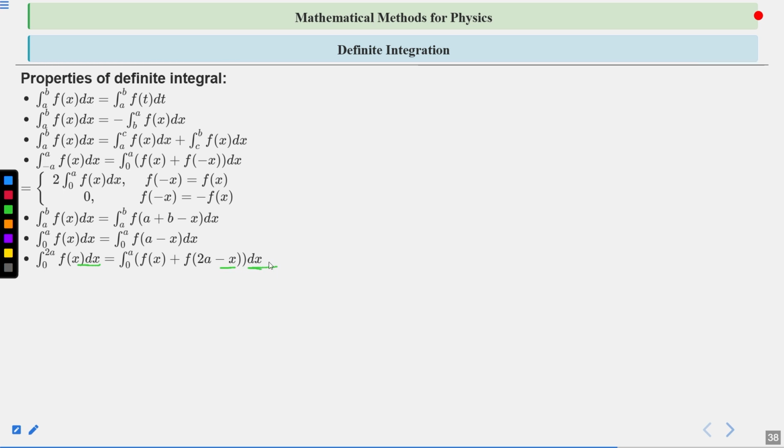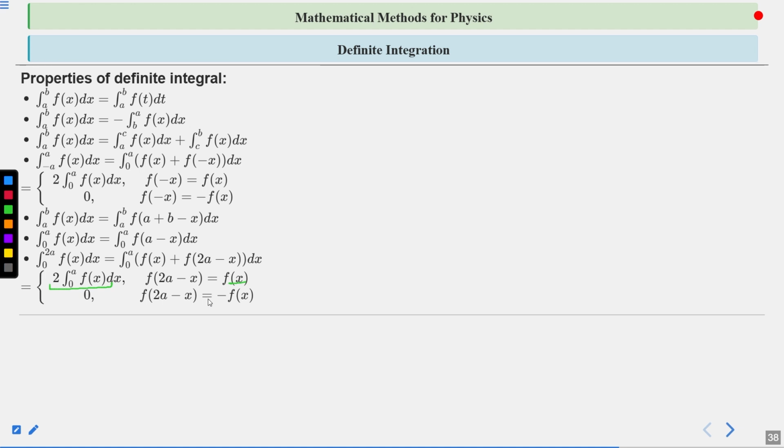So all these are very important formulas. I repeat again. There is a condition: if f of 2a minus x is equal to f of x, the relation is this one, and if f of 2a minus x is equal to minus f of x, it will be 0.